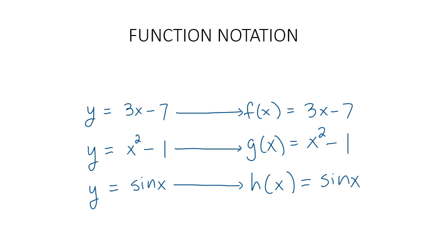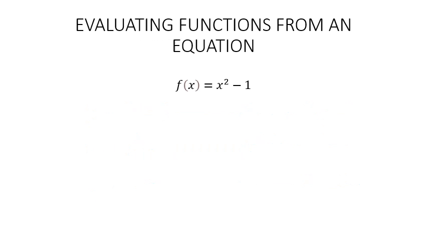So this says that f of x is equal to 3x minus 7, g of x is equal to x squared minus 1, and h of x is equal to the sine of x. These equations mean exactly the same as the ones on the left. It's just one uses y and one uses function notation.